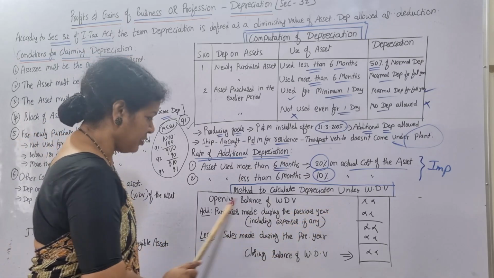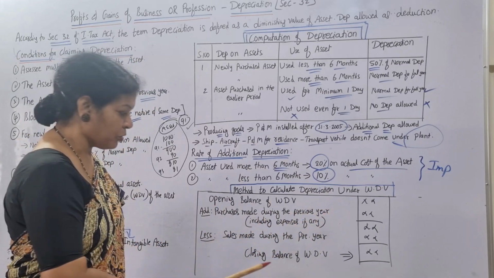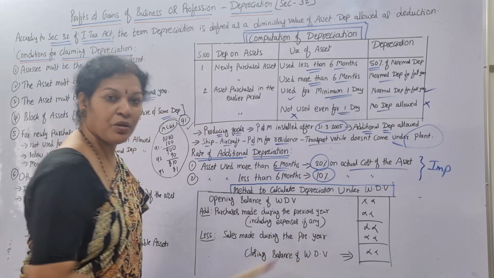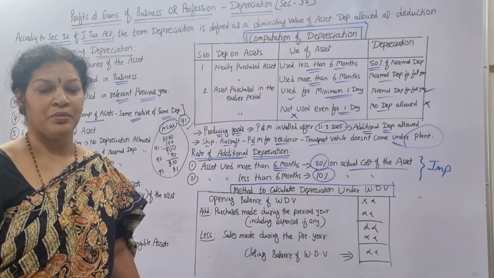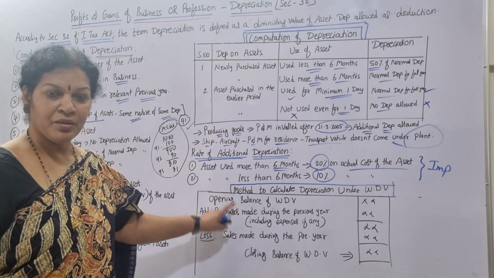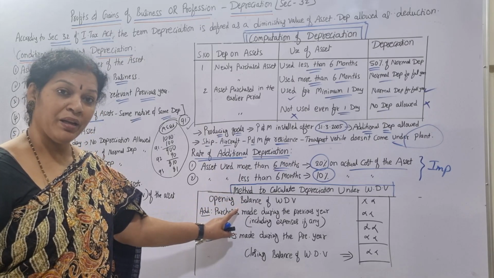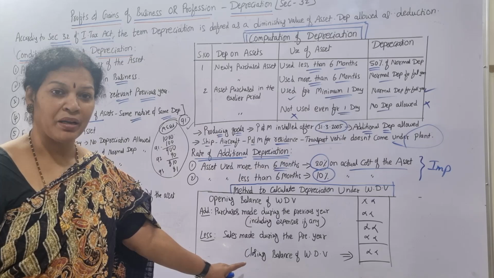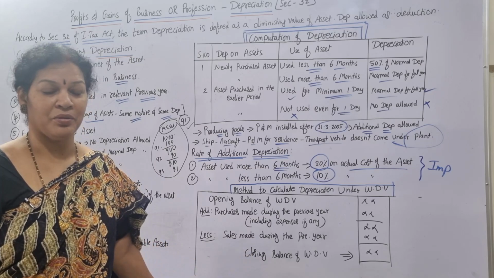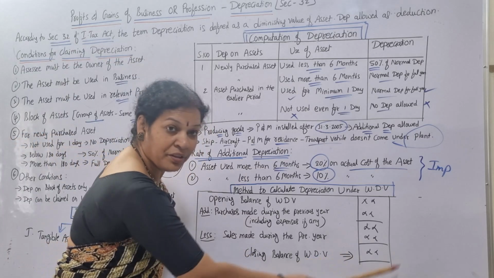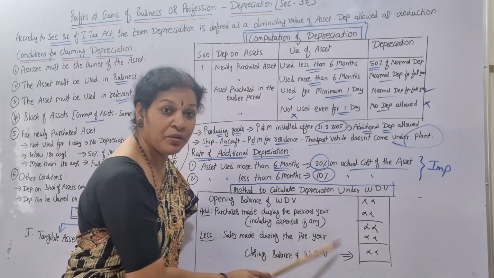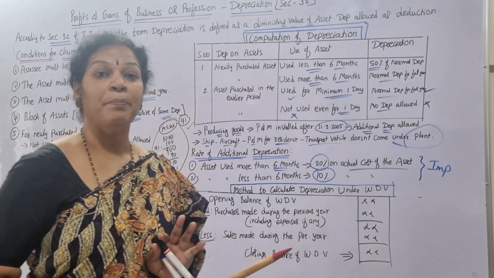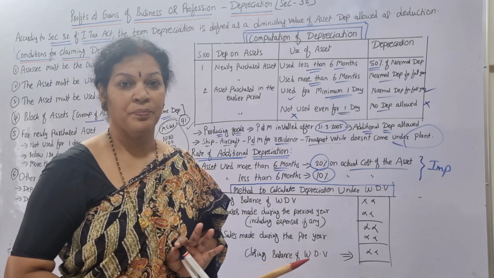Adding purchases and deducting sales, you get the closing balance of written down value. We start with the opening written down value, add purchases, deduct sales, and you will get the closing balance of written down value. On this amount, we are going to calculate the depreciation.